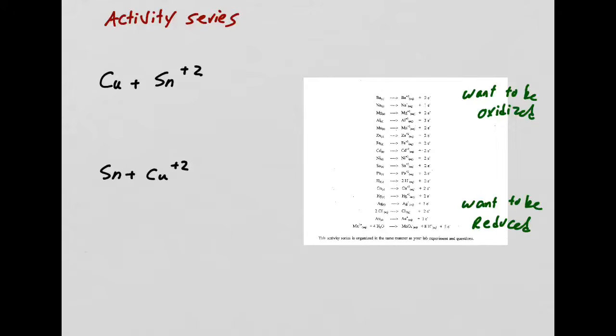Before we do that, you need to figure out which one is going to be oxidized and which one is going to be reduced. Let's look over here. Copper, what's the charge of copper? Any metal by itself, the charge is 0. I need you to remember this: when you have a metal that has a charge of 0, metals want to become cations.